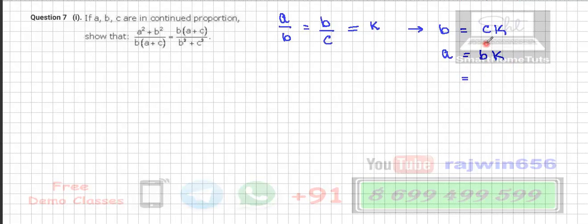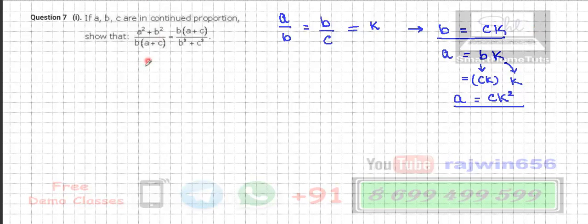Instead of this B, I can write this CK, and this K is already there. So A is going to become K into K, so this is going to become CK square. A is CK square, B is CK.